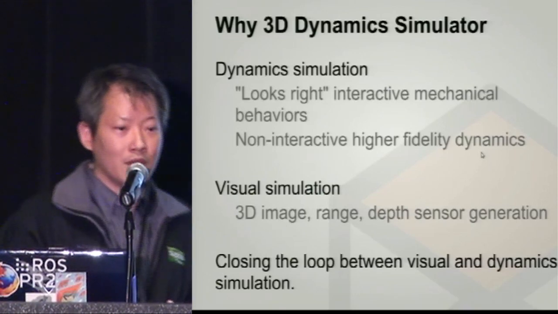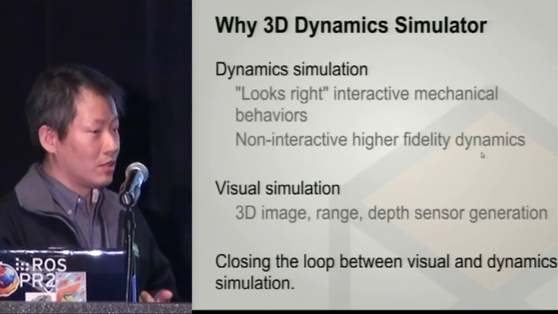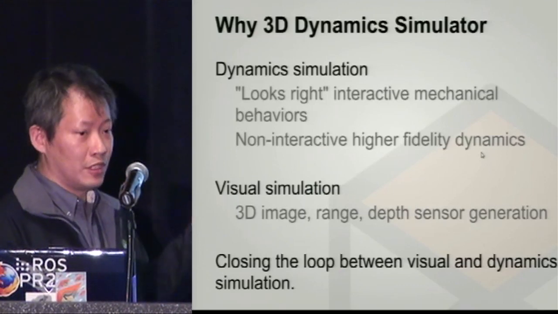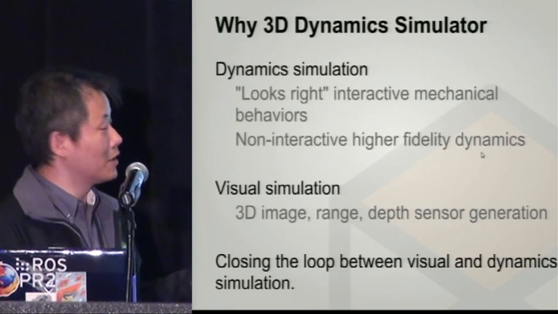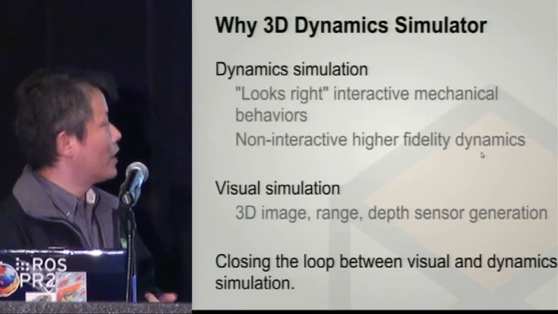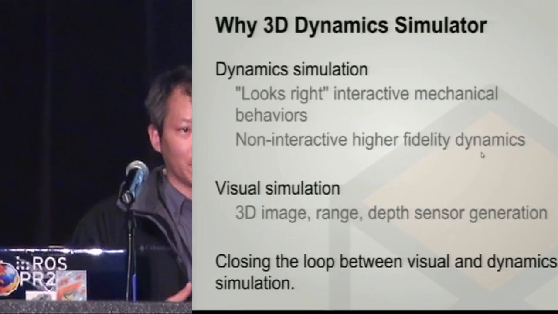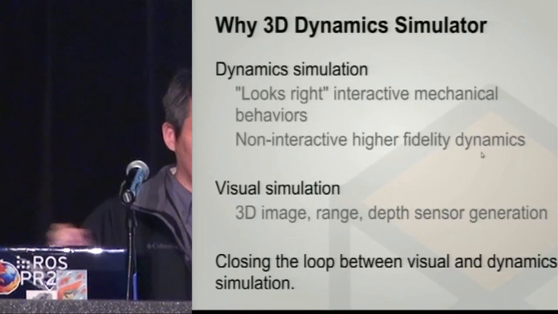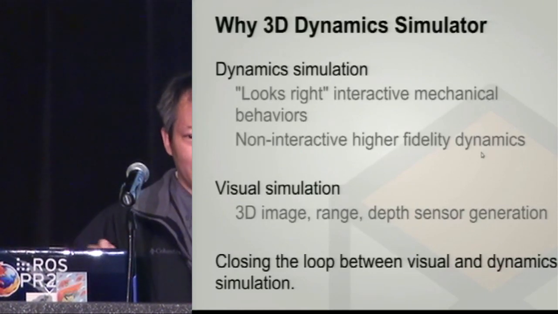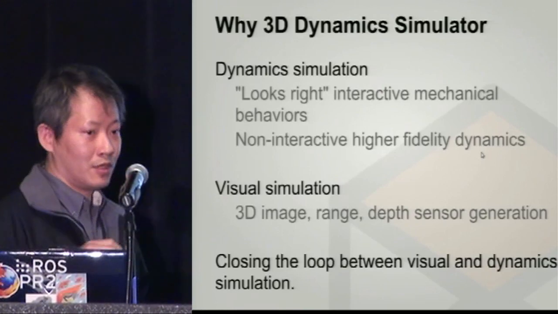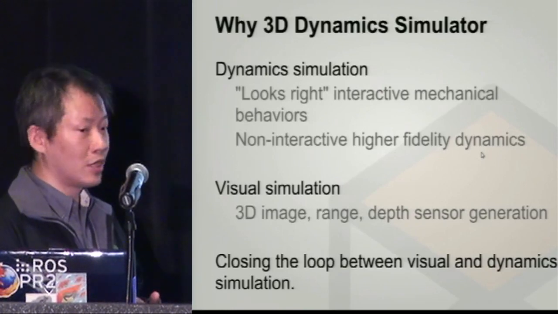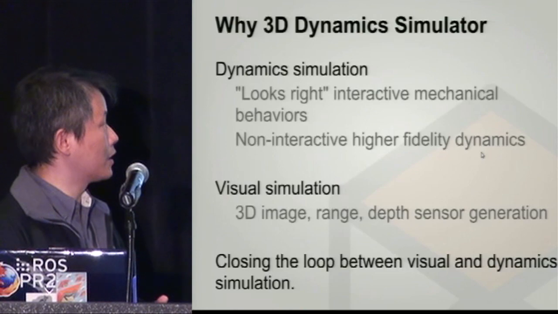efficient real-time safe simulation. So you can have the looks right, what I call the low-frequency dynamics, but interactive. So it's good for debugging your code running real time. You can look at the screen, you can adjust the teleoperation bar and see how the robot moves, and make sure that everything else through the chain of software commands gets passed down correctly.